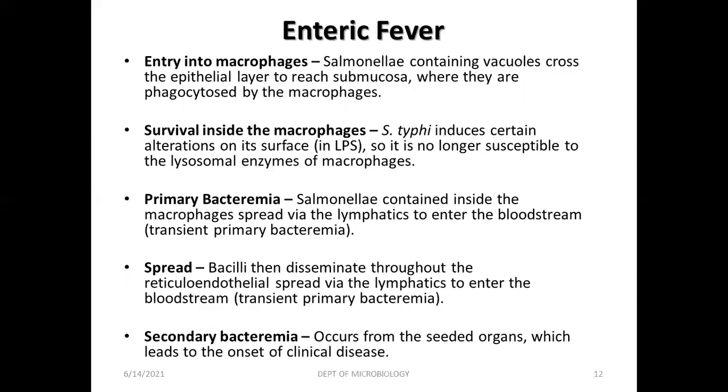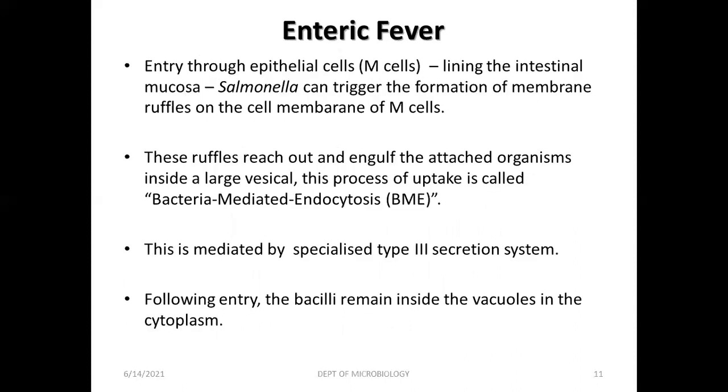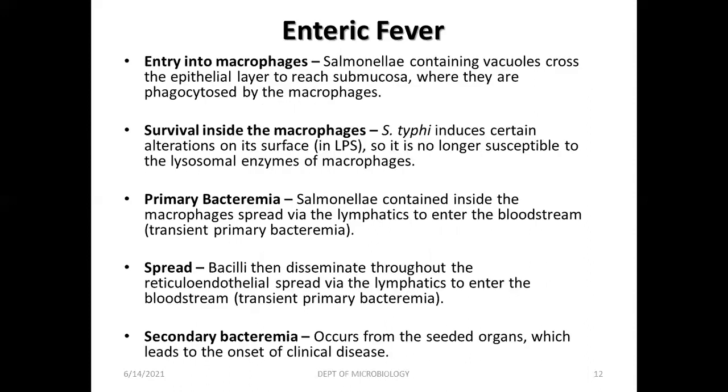What was the first thing? The organisms attach on the M-cell lining, where they form the ruffles. The ruffles engulf these organisms, which is called BME, and this BME is mediated by the type 3 secretion system. Now they produce the vacuole. The vacuole has the Salmonella. Along with the vacuole, Salmonella cross the epithelial layer and reach the submucosa. Once they reach the submucosa, these vacuoles containing Salmonella get engulfed by the macrophages. Now the Salmonella are in the vacuoles, and the vacuoles are inside the macrophages.